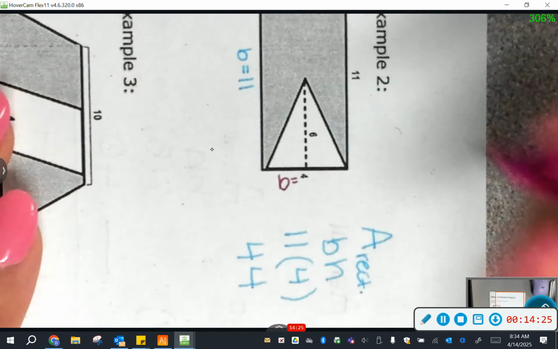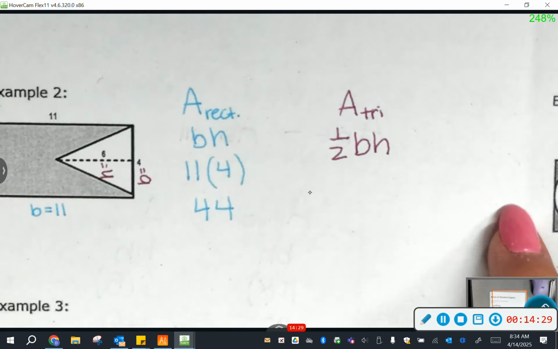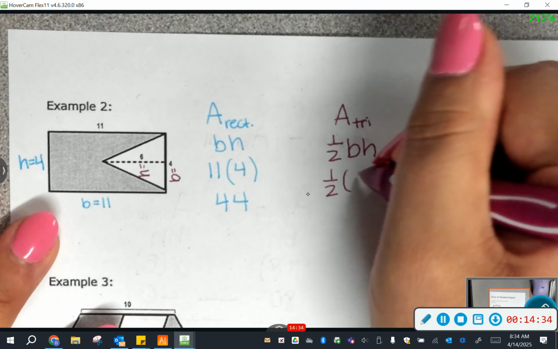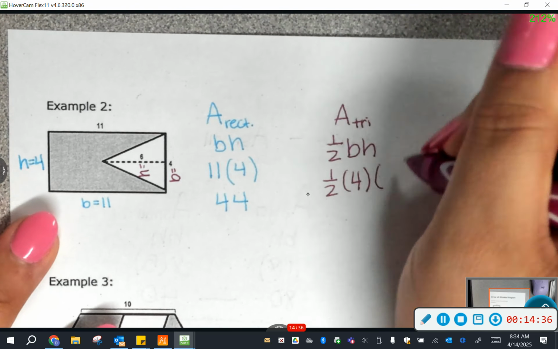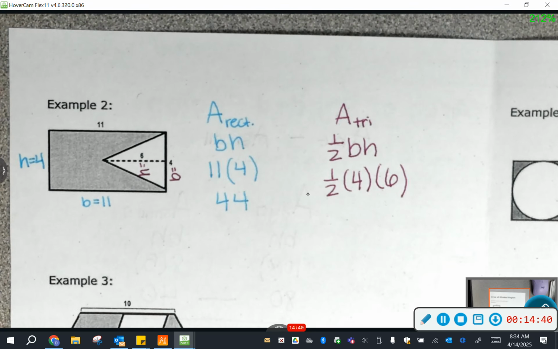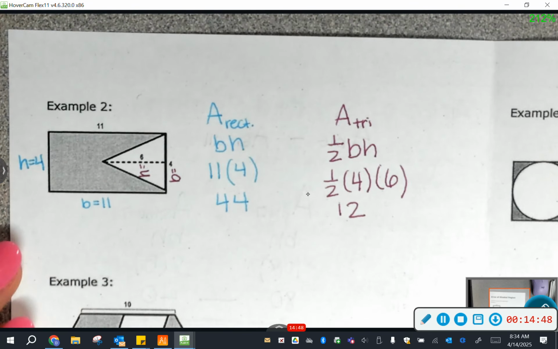What is the height of this triangle? 6. So when I come back over here now, 1/2, my base was 4, my height is 6. What's 4 times 6? 24. What's half of 24? 12.